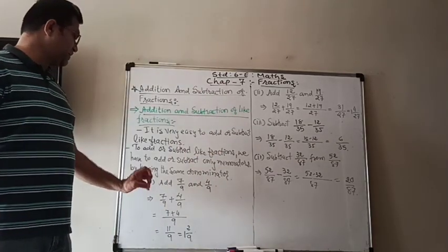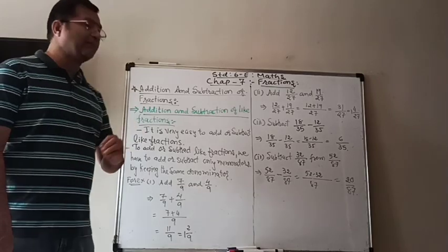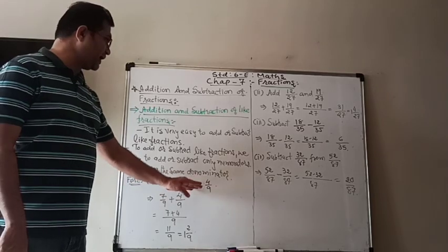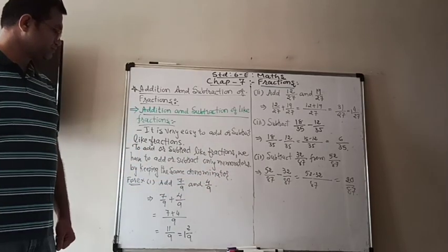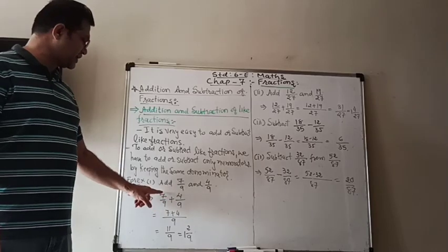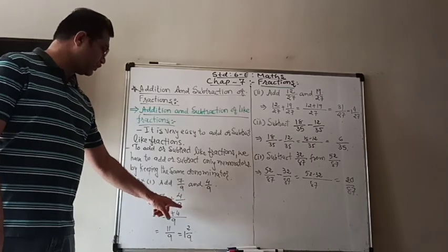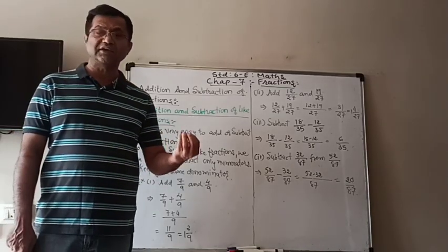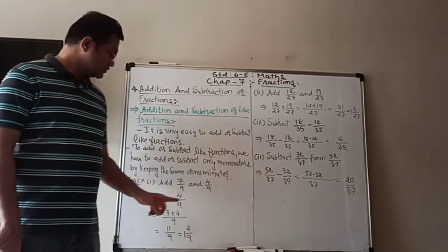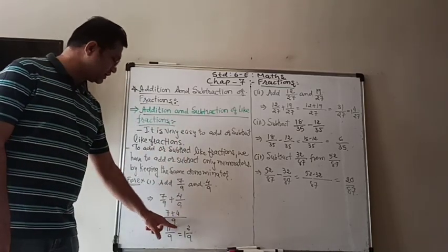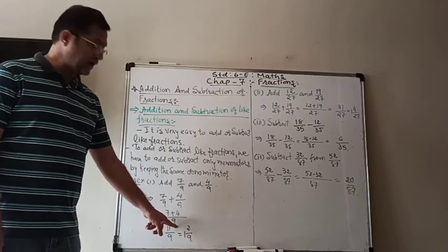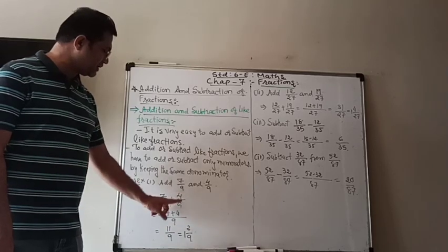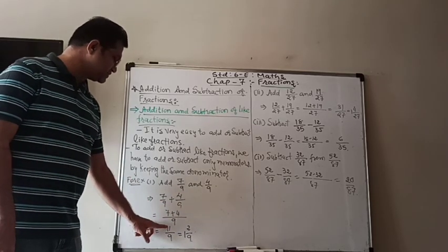Look here, let us understand with the examples. First example I took is add 7 upon 9 and 4 upon 9. So to add we will put plus sign. So 7 upon 9 plus 4 upon 9. So now you can see that they have equal denominators, means they are like fractions. So we will keep the same denominator in the answer, and only we will add the numerators, means 7 plus 4. 7 plus 4 is 11.